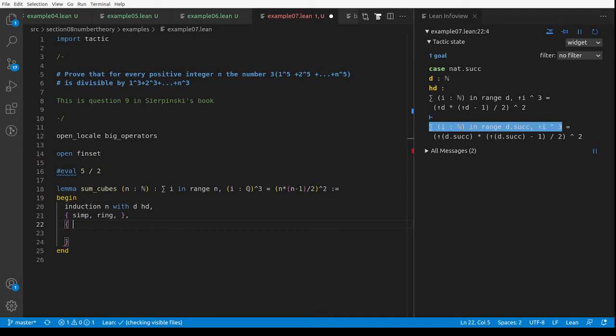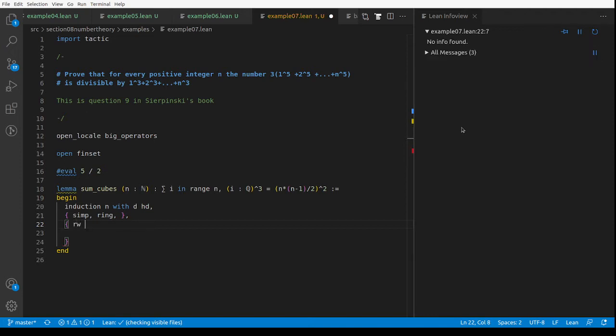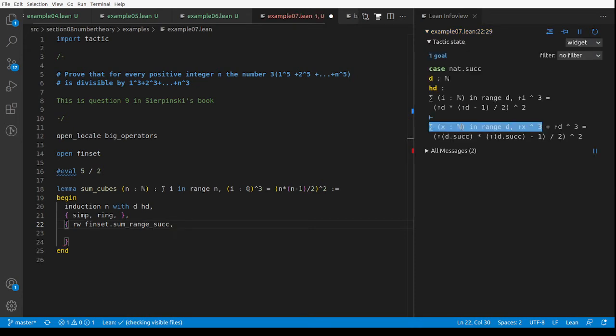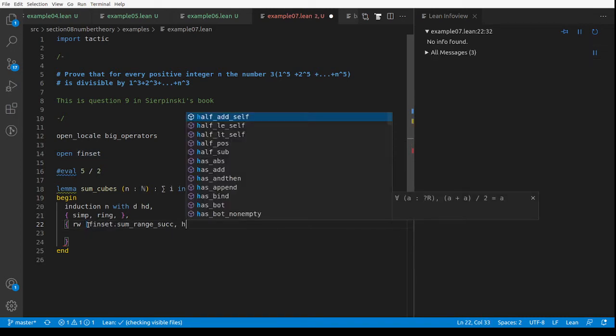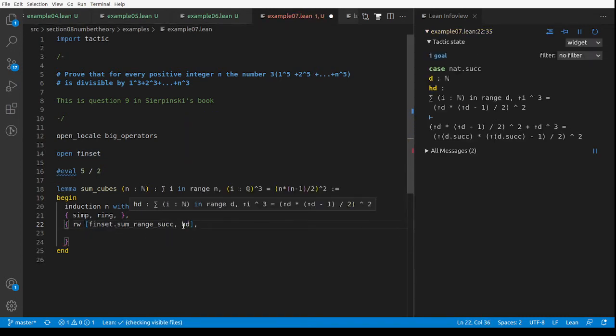If I sum up something up to d plus 1, then it's the same as summing it up to d and then adding the last term. That's called rewrite Finset.sum_range_succ. And now do you see we've got the sum to range d, so we know the answer. I'm just saying you can prove this by induction, and this is exactly the induction proof.